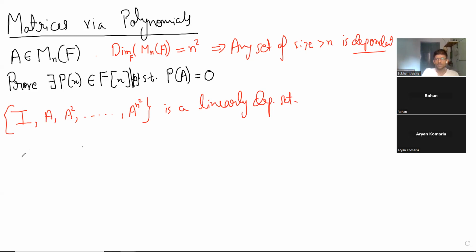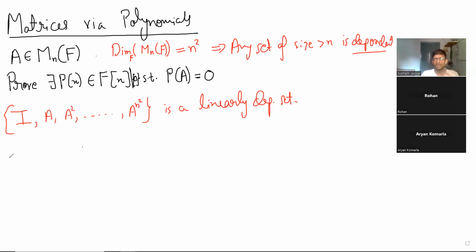Okay. So what if we don't have n squared distinct elements? Like what if A squared is equal to A to the power 5 or something like that? That's a good question, because there may not be n squared distinct elements.